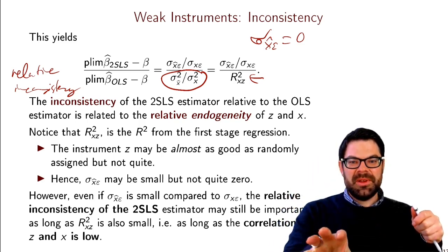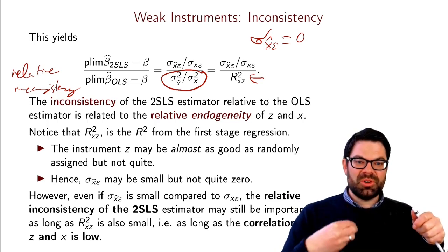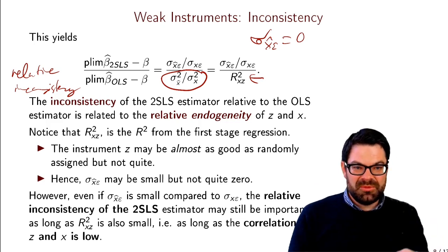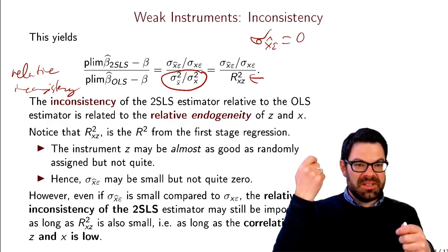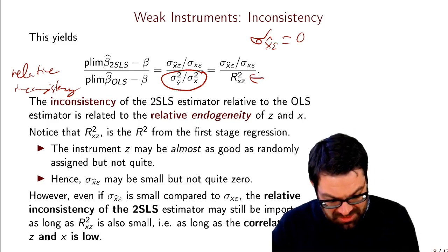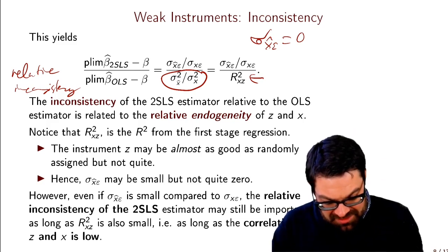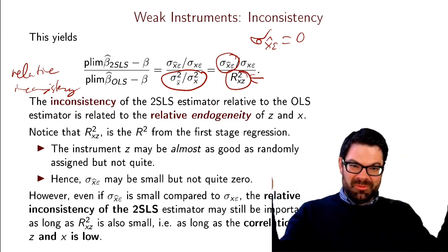the extent to which an IV estimator is inconsistent relative to an OLS estimator depends very much on the strength of the instrument. If the instrument is strong, it's not such a big problem. If the instrument is very weak, then that can be a huge problem. Because what you're doing here is basically dividing something small by something small, and that can become very big, right?